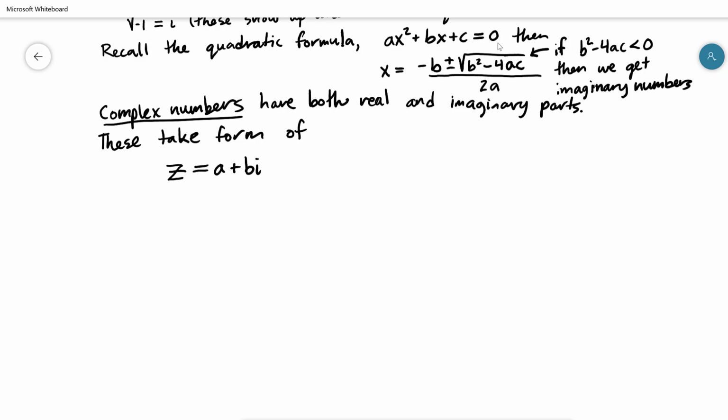That was an unrelated example. But the idea is this part is going to be a real part, and this part, because that I right there is the square root of -1, that whole piece is what we call the imaginary part. So it has these two different components.